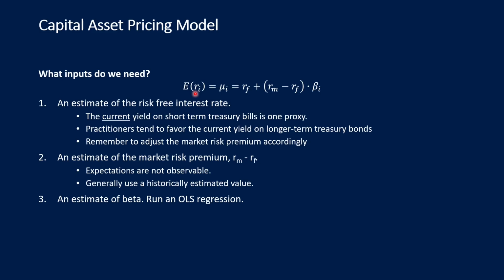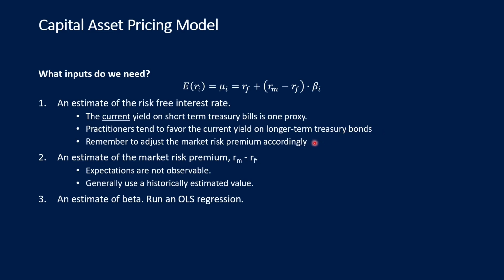And what do we need to calculate it? Of course, we need an estimate of the risk-free interest rate, RF. So we can use something like the current yield on short-term treasury bills as one proxy. Practitioners tend to favor the current yield on longer-term treasury bonds.